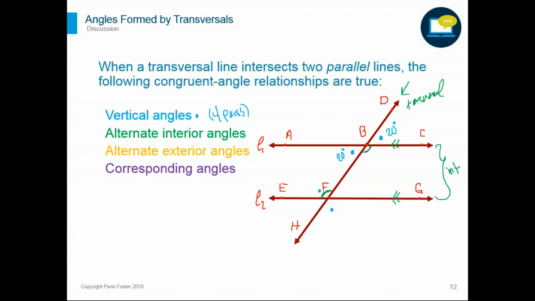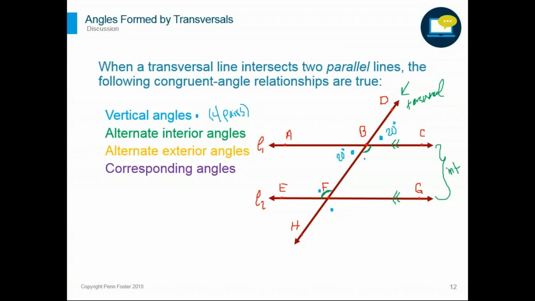One is to the right of the transversal, the other is to the left of the transversal. That's why it's called alternate. Interior, they are to the interior part of the system. And in this case, the alternate interior angles have the same measure.